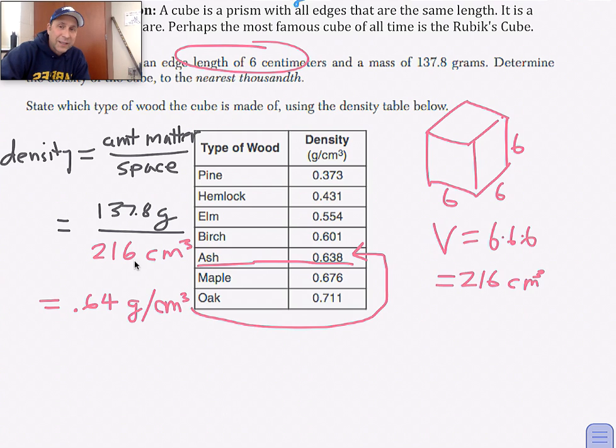So putting those pieces together to get grams over cubic centimeters, take the mass in grams and divide it by 216, and you get about 0.64, which on this list here indicates that the wood is most likely ash, which is a type of tree.